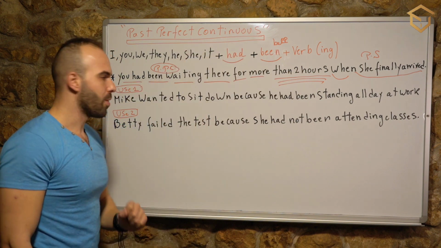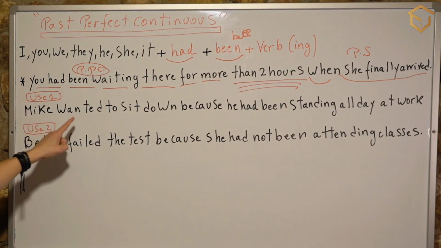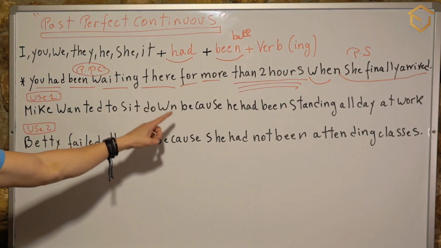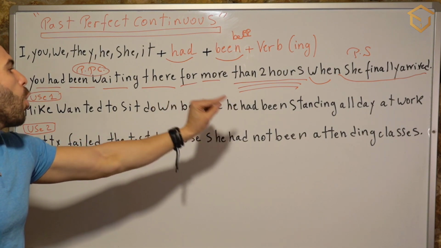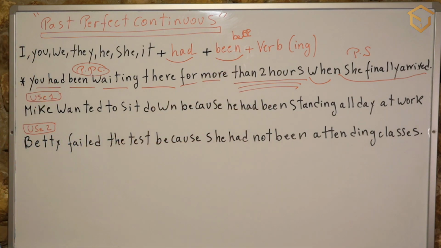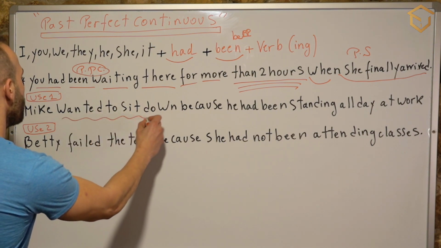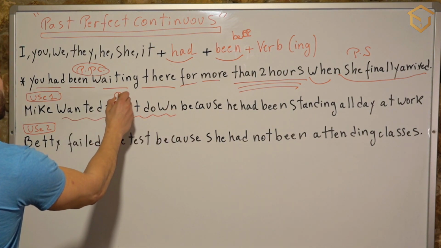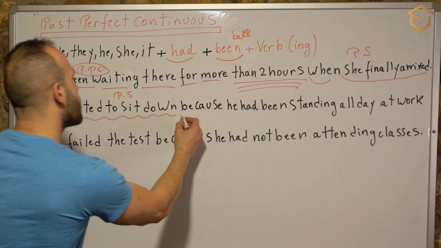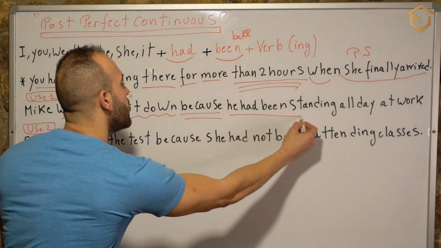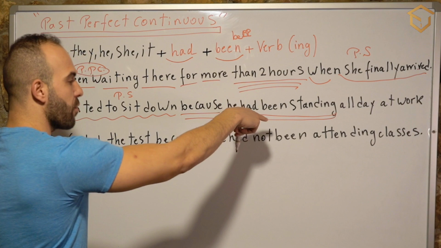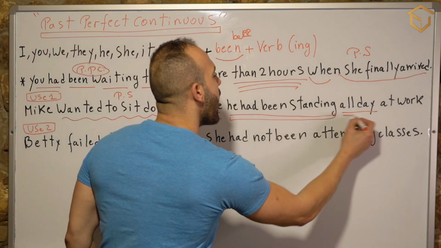Moving to the second one. Mikey wanted to sit down because he had been standing all day at work. So, wanted to sit down, that's the past simple. Because he had been standing, that's the past perfect continuous, all day.